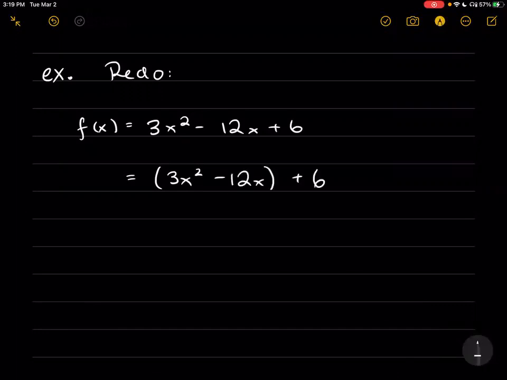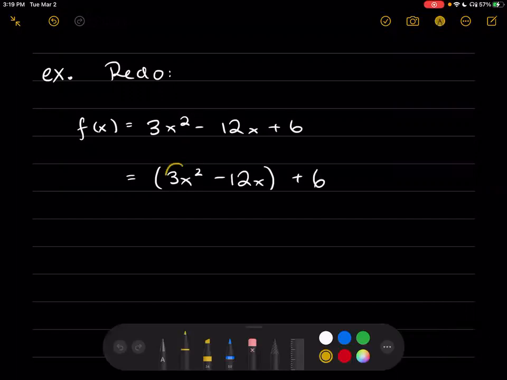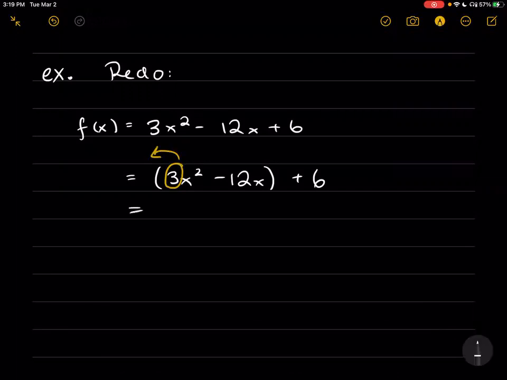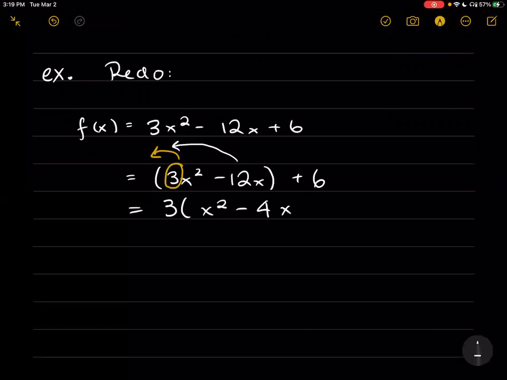And then, as with last time, I'm going to take that leading coefficient and pull it out of the parentheses. So we get a 3 on the outside, and then x squared minus, and because we pulled a 3 out from this term too, that's how factoring works, 12 divided by 3 is 4. And then plus 6 out here.